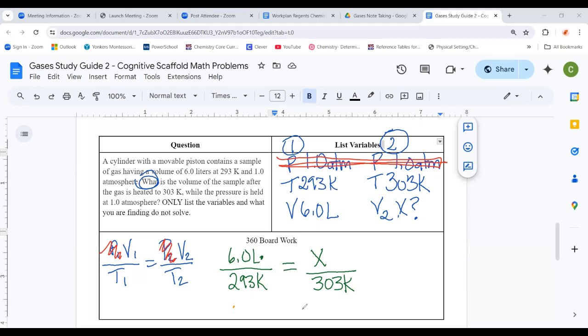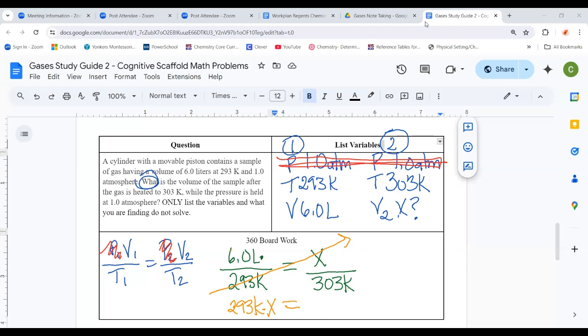So if I want my x to be on the left, I'll do this one first. Whatever this is times this, I'm going to put it here. So this is 293 Kelvin times x, equals. Then I'm going to do 6 times 303. It's going to get me a big number, 18 something.